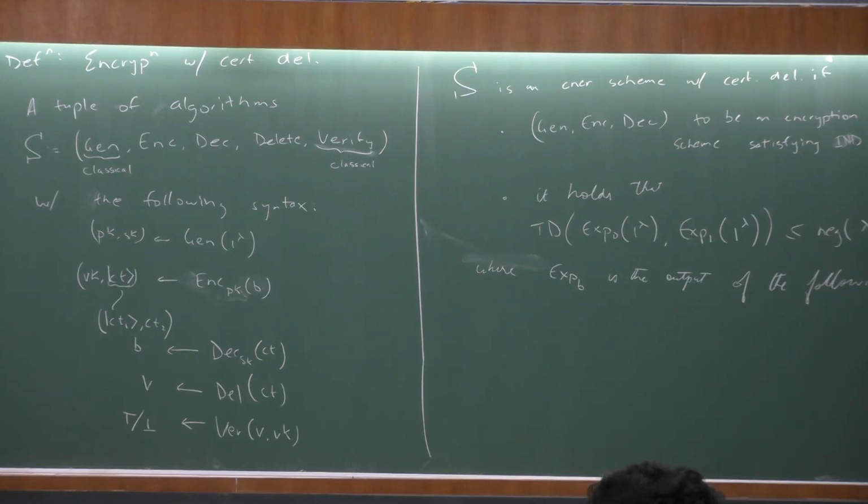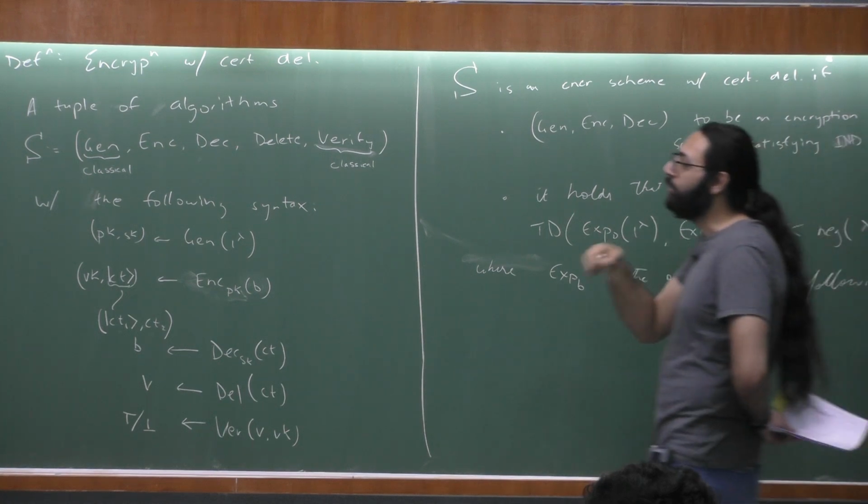Any other questions? Is V a classical string or a quantum state? Sorry, he raised his hand first. So are you saying that even if this game's conditions are satisfied and the adversary doesn't send rho, we are secure and have certified deletion?